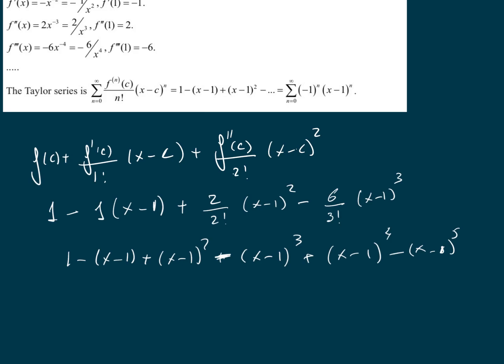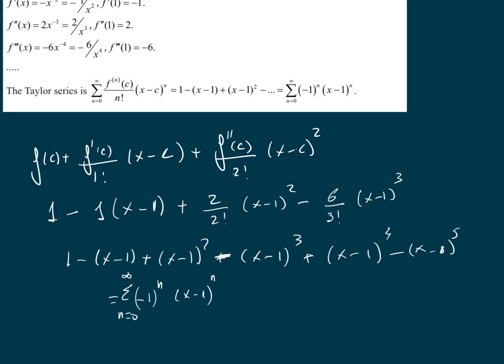This is the series, and it can be written as the summation from n equals 0 to infinity of minus 1 to the n times x minus 1 to the n. When n equals 0, the first term appears, 1, because minus 1 to the 0 is 1.